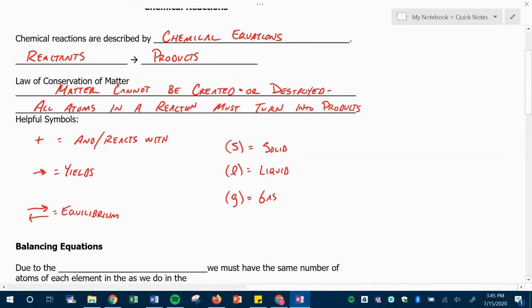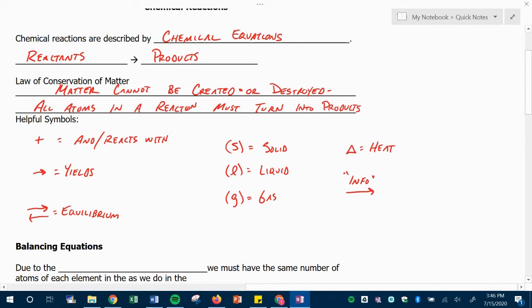Then the last three that we need to know are this triangle, which represents heat. If we see the triangle, generally it's going to be written above the yields arrow, and that's saying that you're heating the reactants in order to make the reaction occur. Another one would be if we have some info above the reaction arrow.